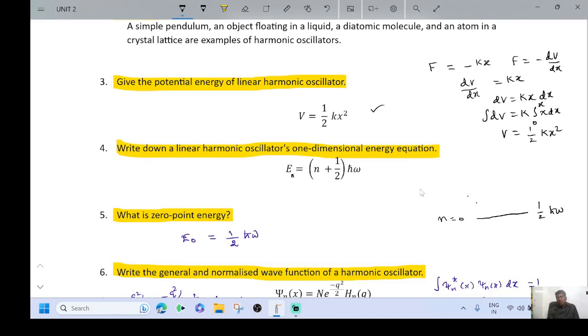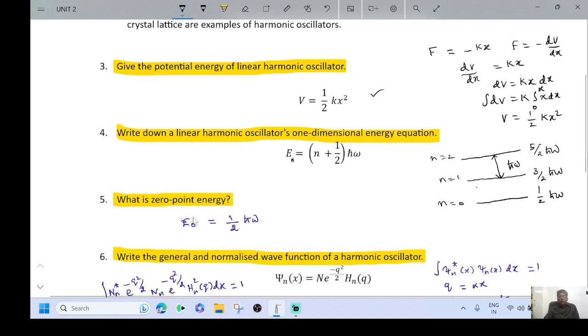If you put n = 1, we can get our first excited state, 3/2 ħω. For n = 2, we can get 5/2 ħω. In the case of linear harmonic oscillator, the energy levels are equally spaced. The difference between any two successive energy levels is one unit of ħω.